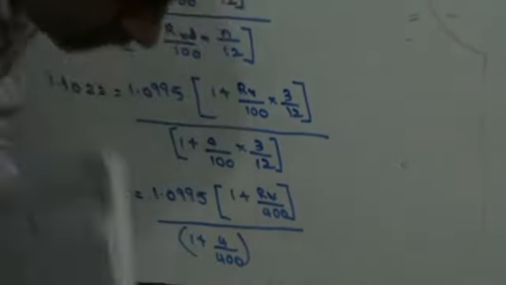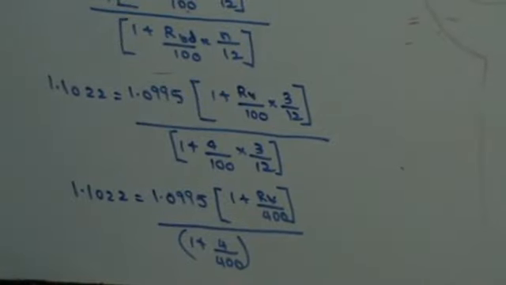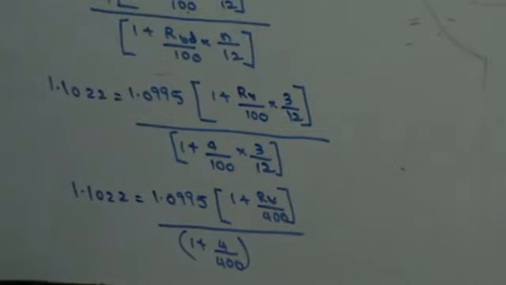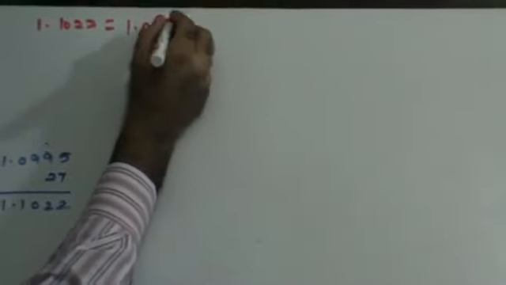Right? So in this case, this is going to be equal to 1.1022 is equal to 1.0995.